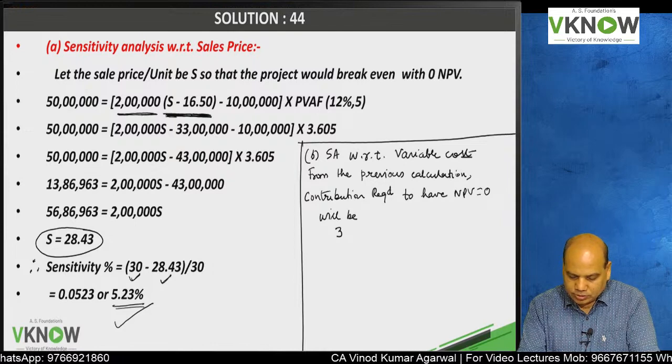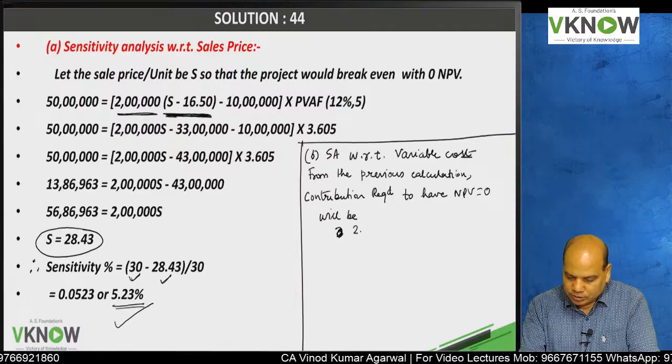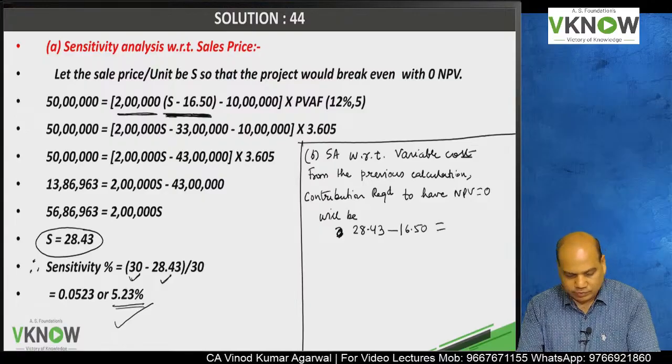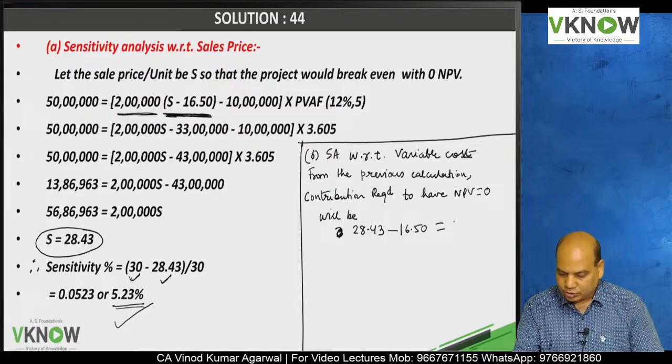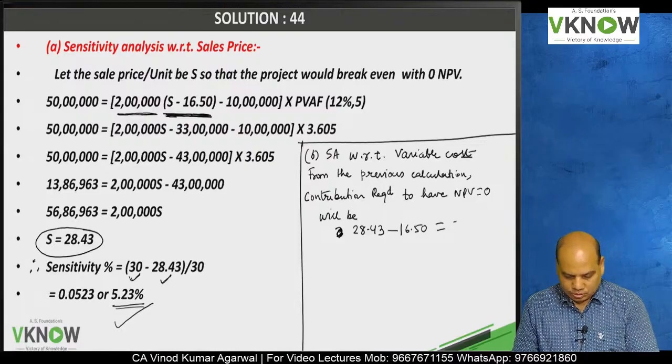Selling price of 28.43 is required and variable cost is 16.50. So you need a contribution of 5.23. 28.43 minus 16.50.